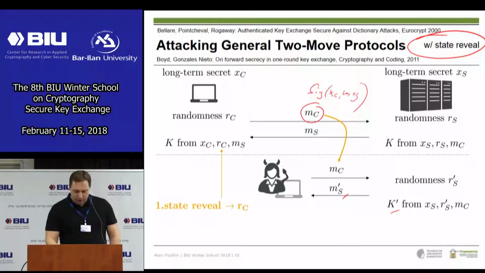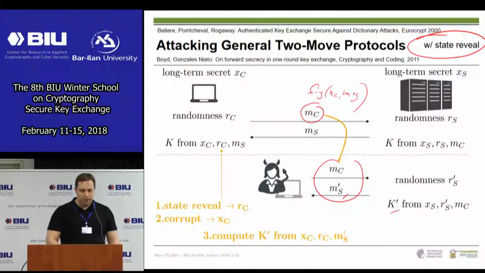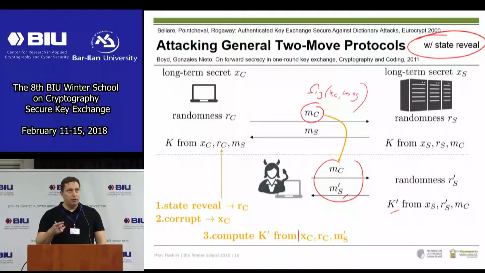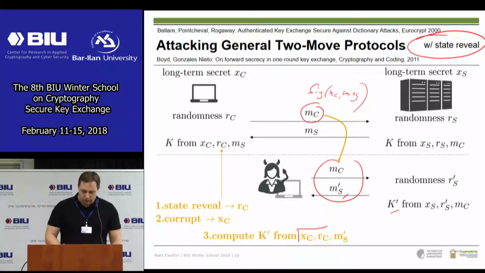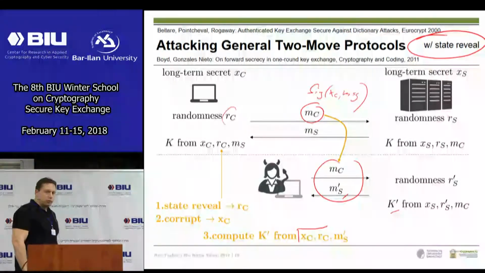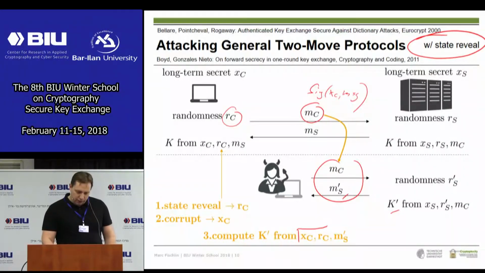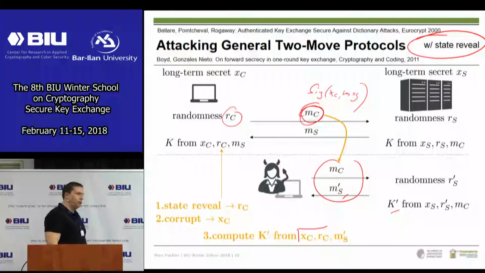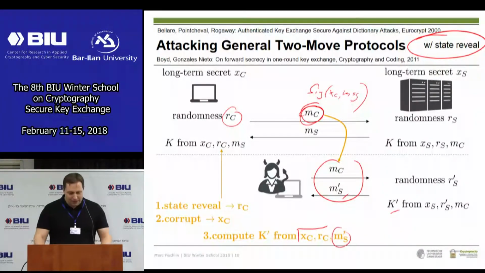Most likely, there's some chance that the server picks the same randomness and sends the same message, but it's very unlikely. Any decent protocol wouldn't have this. Plus, you would violate the session identifiers being the same on the same honest parties. So if you define the session identifier as the transcript, then this session is fresh. I can test it. This is just the link back to the model.